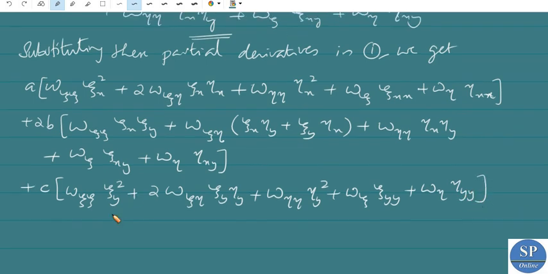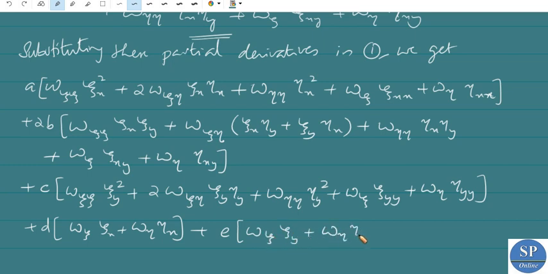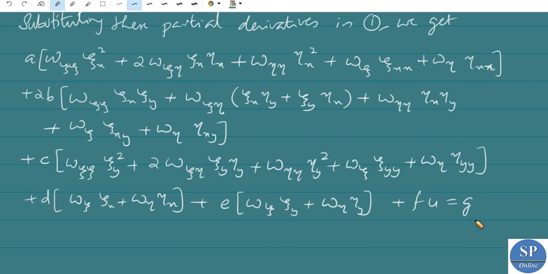Now plus d into ux, that is w zeta into zeta x plus w eta into eta x, plus e into uy, which is w zeta into zeta y plus w eta into eta y, plus f into u equal to g. F into u means f into w. We are replacing u by w, so f into w equal to some g.